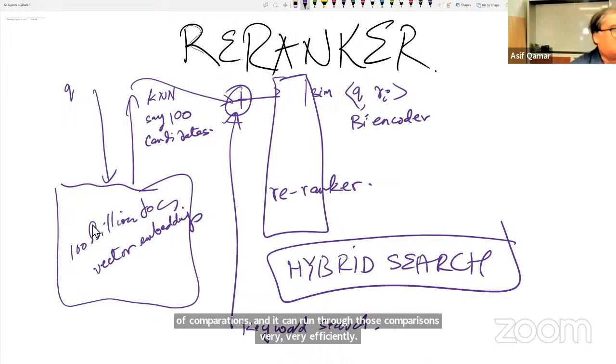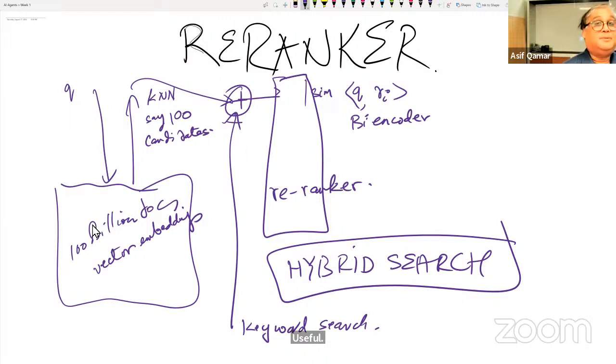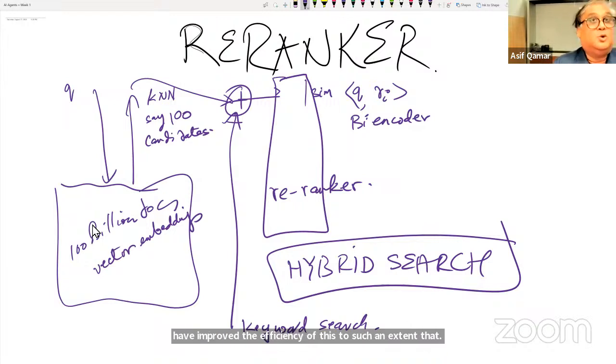So one of the things that is happening these days is that these sorts of architectures are becoming very, very useful, right? For example, this is a part of RAG. People have improved the efficiency of this to such an extent that, for example, companies like Groq, G-R-O-Q, right? They do ASIC.